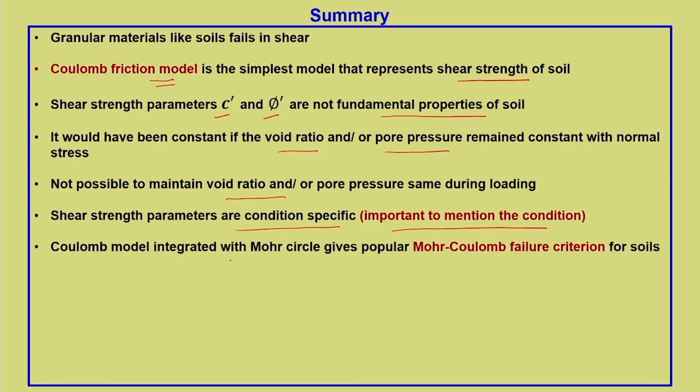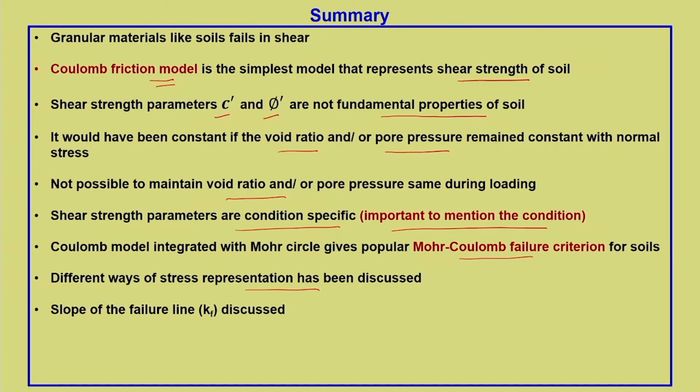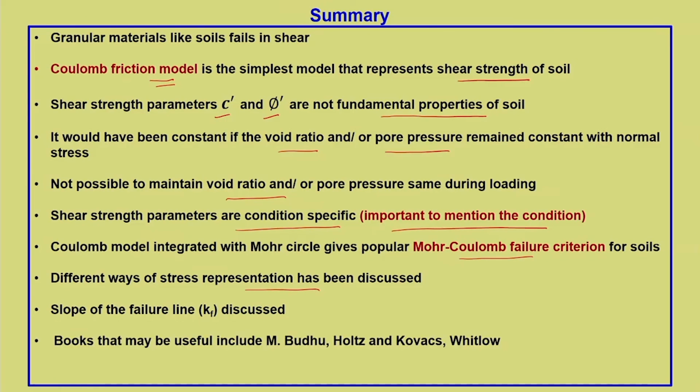So, the Coulomb model integrated with Mohr circle gives the popular Mohr-Coulomb failure criterion for soils. There are different ways of stress representation for failure criterion which have been discussed, and how to determine the slope of the failure line has been discussed for the important ones.